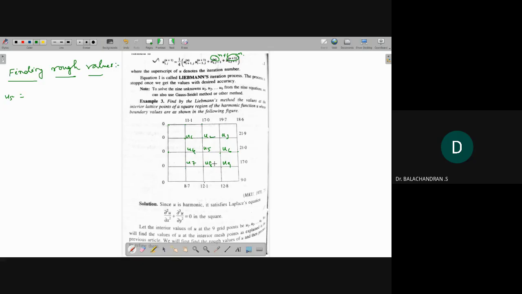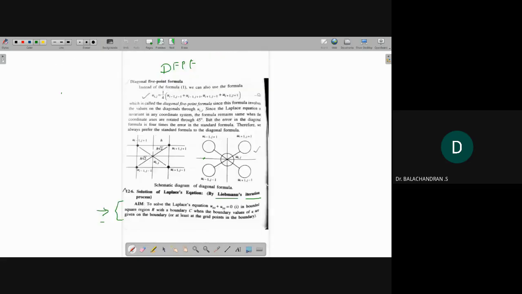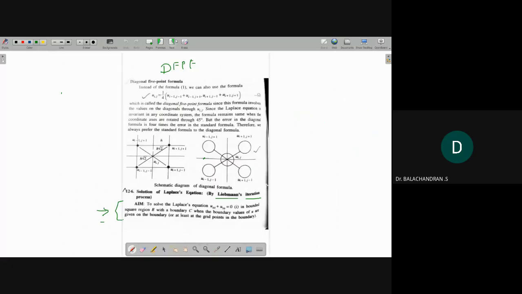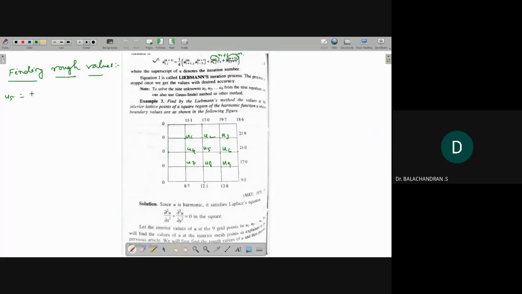Here I'm using the standard 5-point formula. So U5 equal to 0 plus 17 plus 21 plus 12.1 divided by 4.